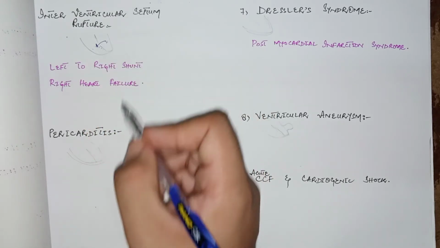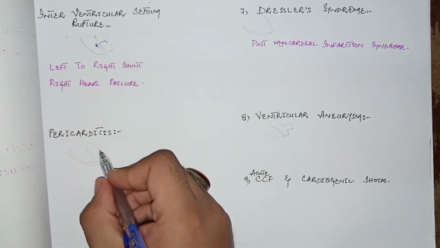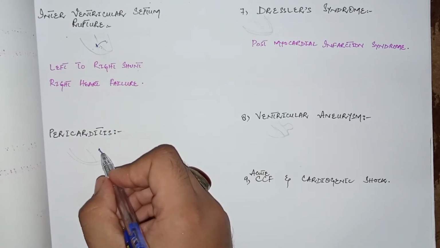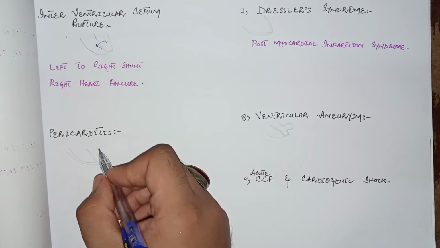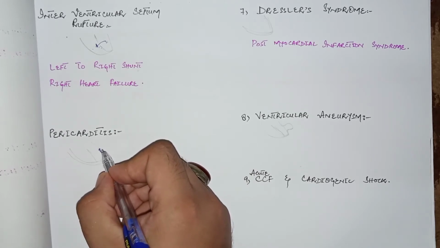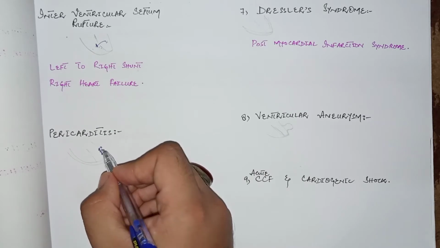The next complication is pericarditis. As we know, when there is a myocardial infarction, there is an inflammation of the myocardium as well. Due to this inflammation, that is the presence of neutrophils and macrophages at the site of myocardial injury, these macrophages and neutrophils also inflame the pericardium.